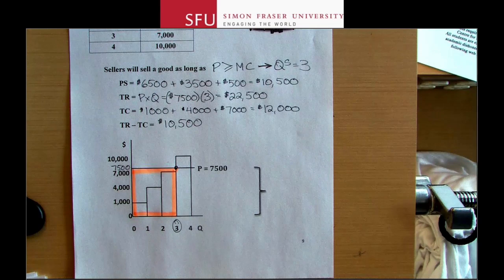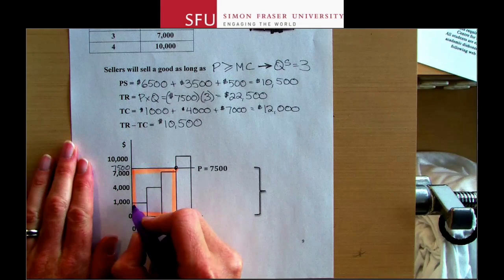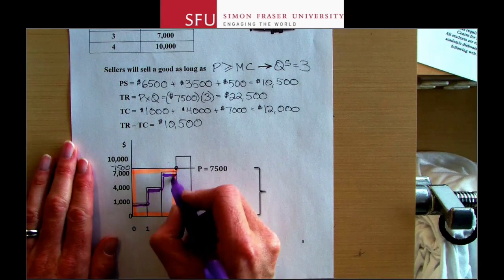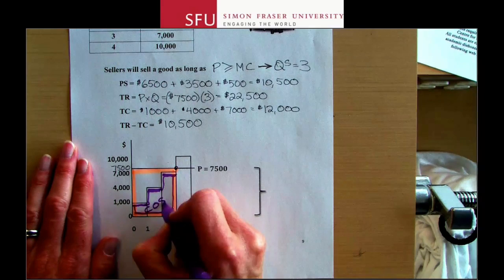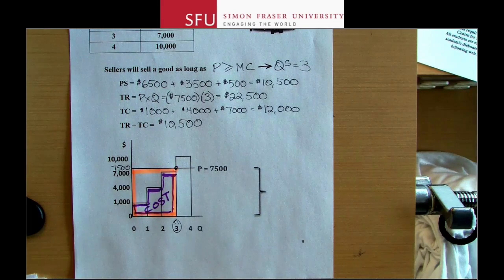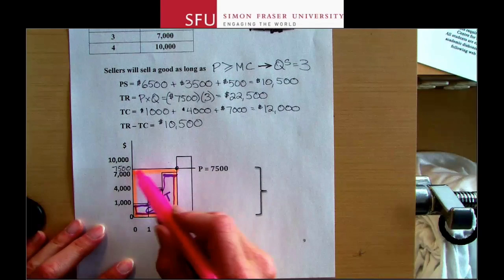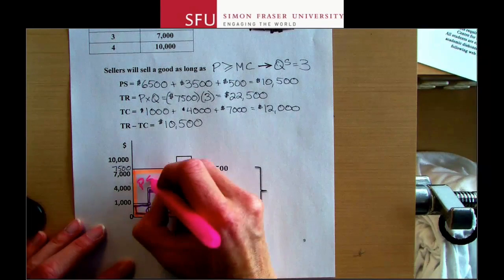The cost is the marginal cost, which is different for each unit. So the cost was 1,000, and then 4,000 and 7,000. So this part here is their cost. The difference between what they get paid and the cost is then this area, so this will be their producer surplus here.